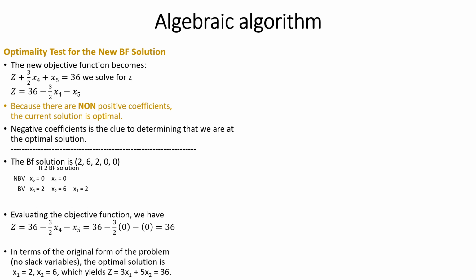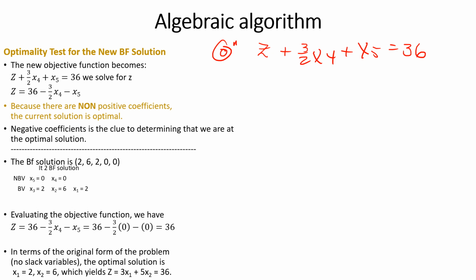We have finished iteration number 2, step 3, so now we're back to the optimality test. Here at the optimality test, we take our function 0 double apostrophe, that is Z plus 3/2 of x4 plus x5 equals 36.